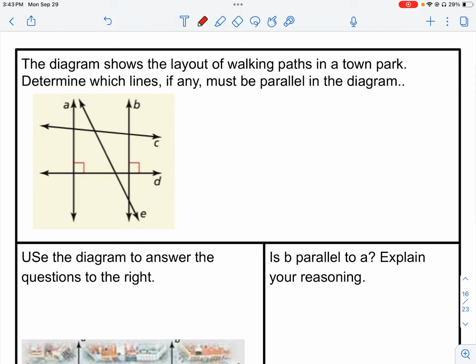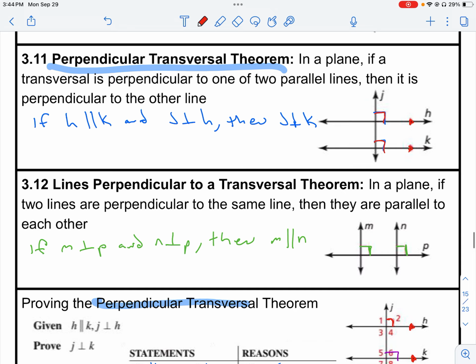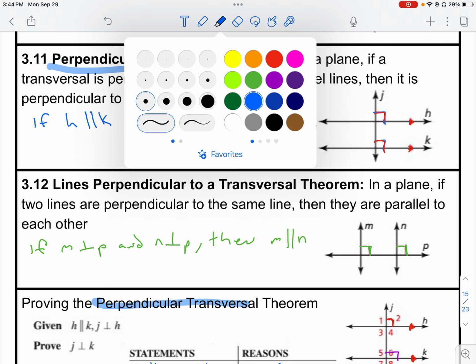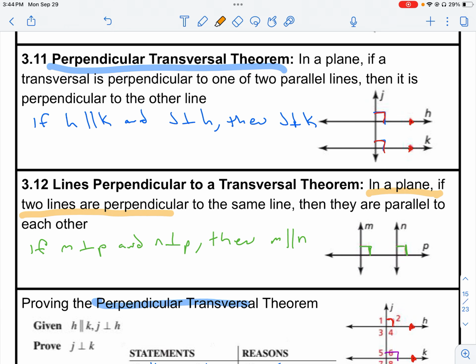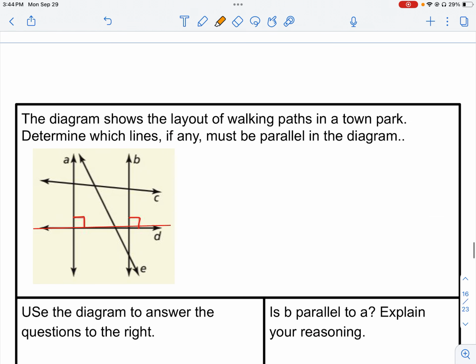Well, we just talked a lot about perpendicular lines. And here we have 2 lines perpendicular to the same line. That sounds familiar to me. In a plane, if 2 lines are perpendicular to the same line, then they are parallel to each other. So A is parallel to B. Why?